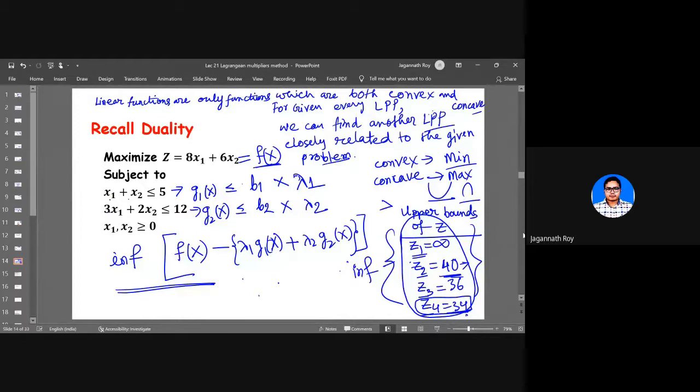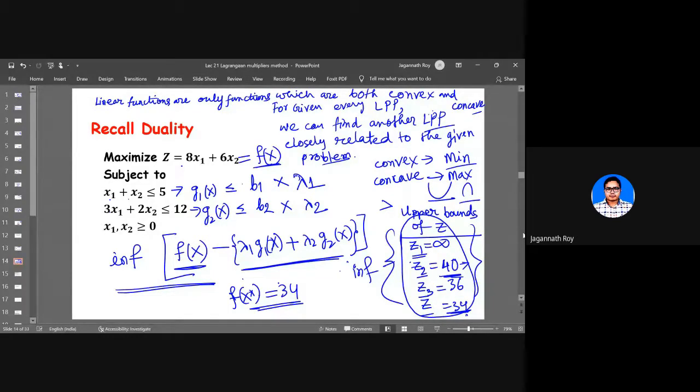For a linear case, whenever this f of x and this one become equal, for this particular problem we had seen that the optimum solution is f of x star equals 34. Okay, and if we find the infimum of these points, so for example this is 34.